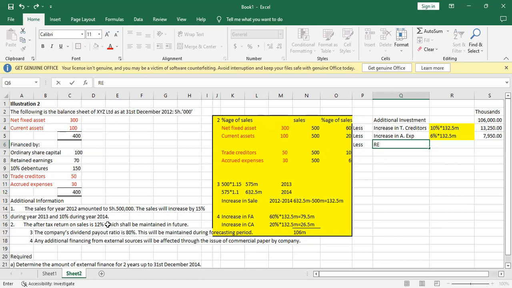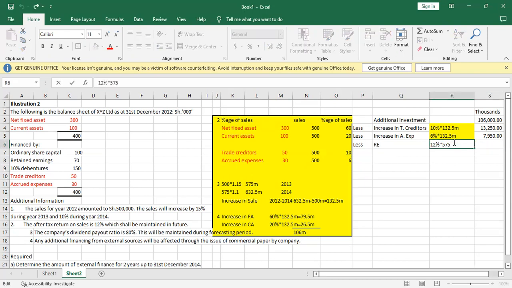And my sales, this is for the duration of 2013. My sales is 575. So I'll be getting 12% of 575. 10% of 575, what do I get?